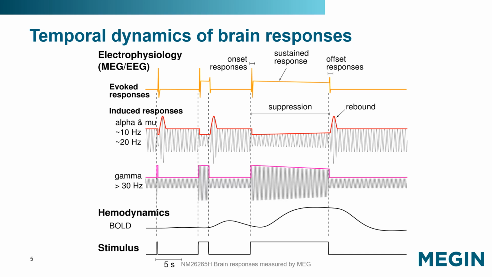In gamma band responses above 30 Hz, the oscillatory activation during short and long stimulus is enhanced, but returns to baseline level when the stimulus is switched off. During a sustained stimulus, the gamma oscillations start to gradually attenuate.